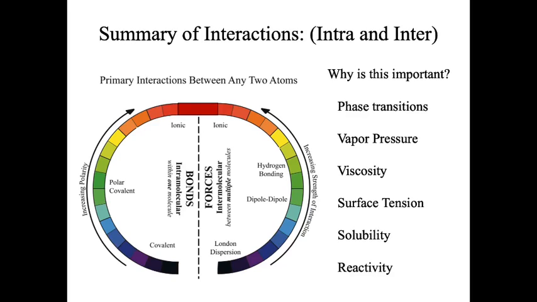Boiling point can be tied to vapor pressure. What is vapor pressure? It's the gas above a liquid. Vapor pressure is approximating boiling point, where I have a liquid and a gas. The higher the vapor pressure, the more gas I have. What is that going to mean about its boiling point?